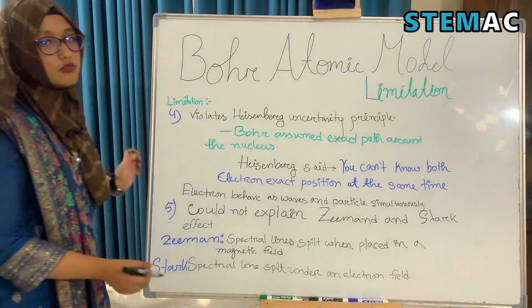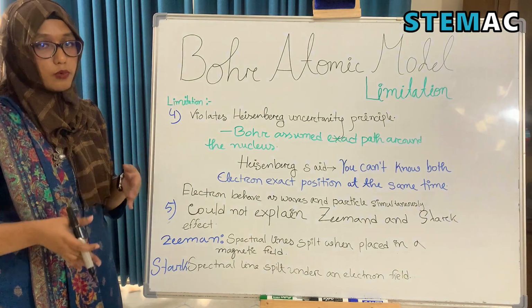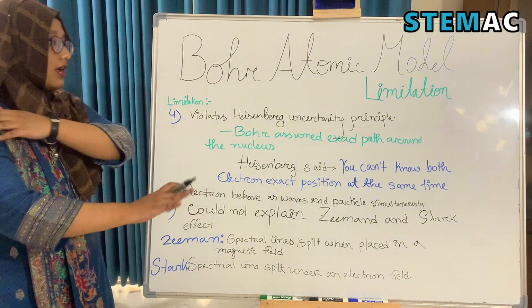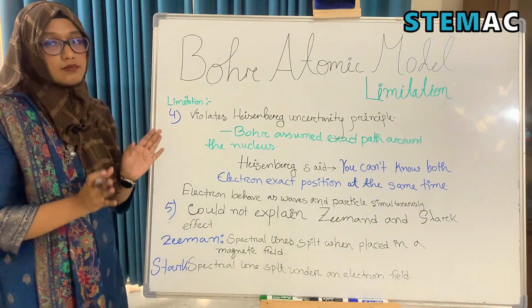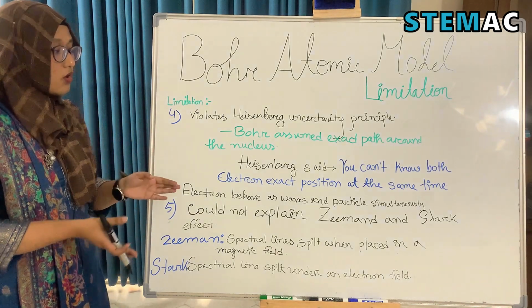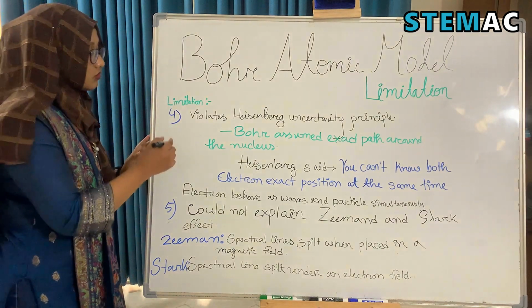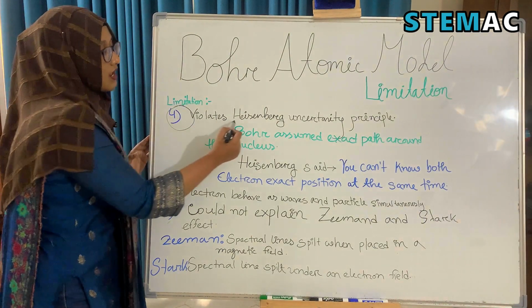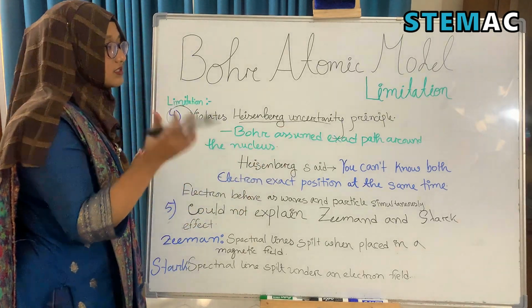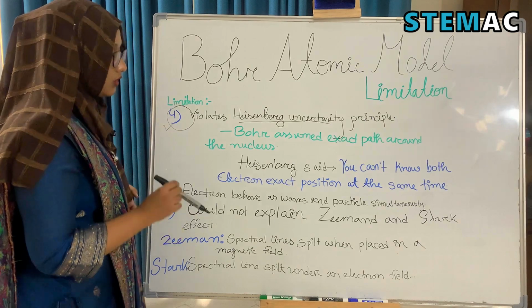Bohr could not exactly explain the path along which the electron moves, or the actual position of the electron. So he violates the Heisenberg uncertainty principle.